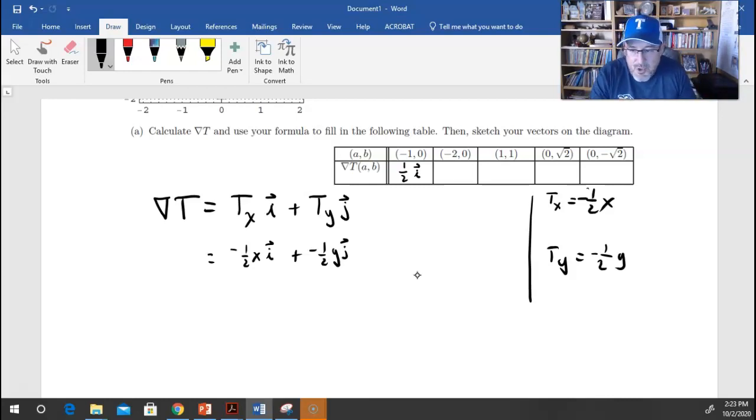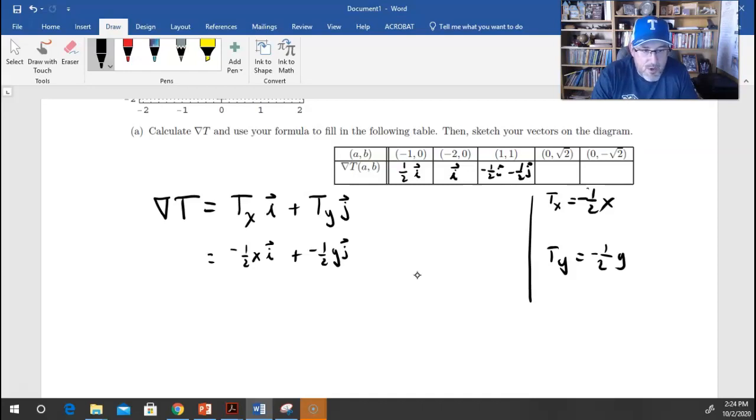What about -2, 0? Negative a half times -2 is 1 i. If y is 0, that term goes to 0. So this would just be the vector i. At 1, 1: negative a half times 1, negative a half times 1. So this would be the vector negative a half i minus a half j.